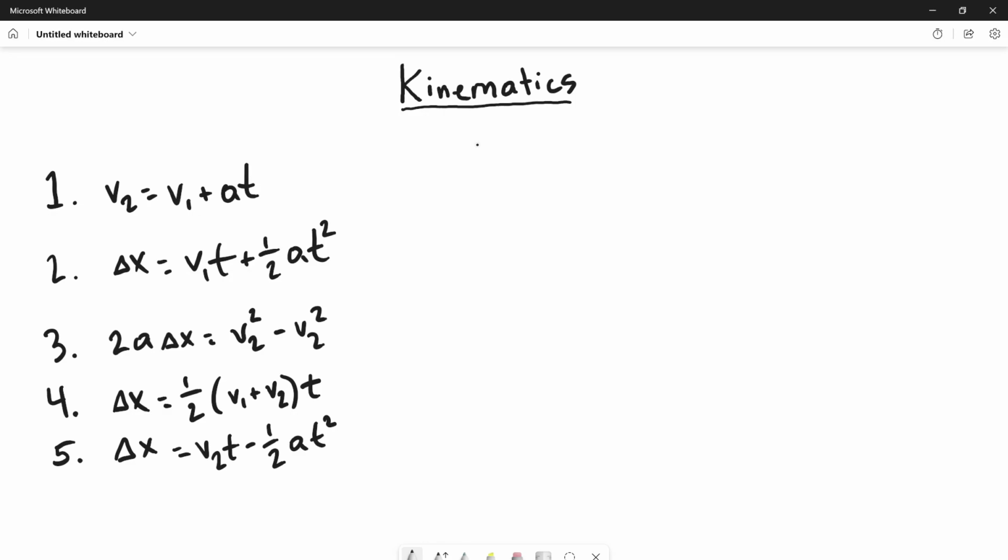We're starting with the first equation, and we're saying that v1 is equal to v2 minus at. Then we're saying that in our second equation, if we rearrange it, v1 is equal to delta x minus 1/2 at squared, and all of that is going to be divided by t.